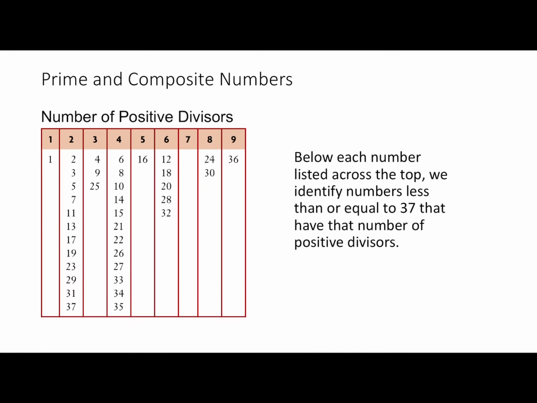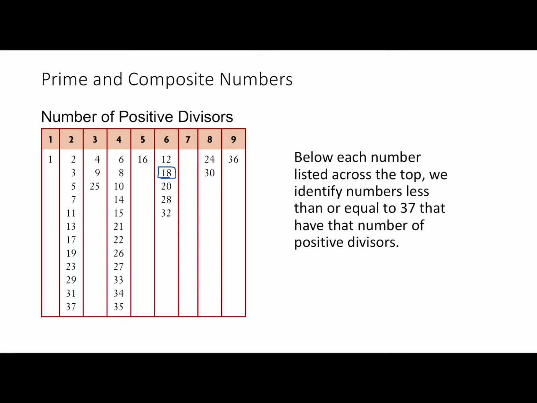This table is counting the number of positive divisors of given numbers. We saw that 18 had 6 positive divisors, so 18 is going in the 6th column here. We identify numbers less than or equal to 37 in this table.